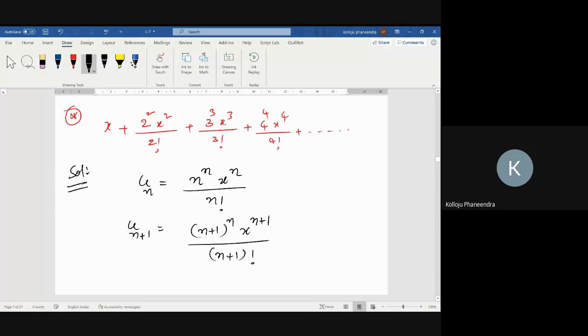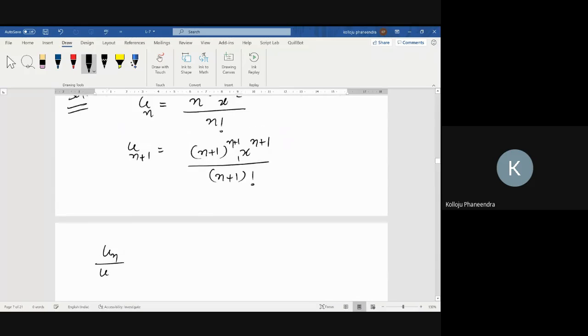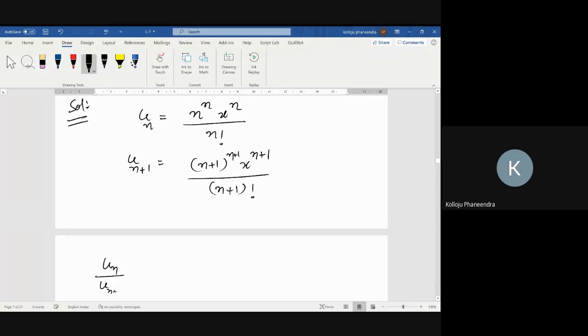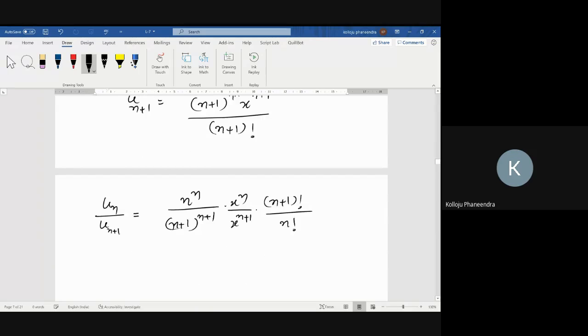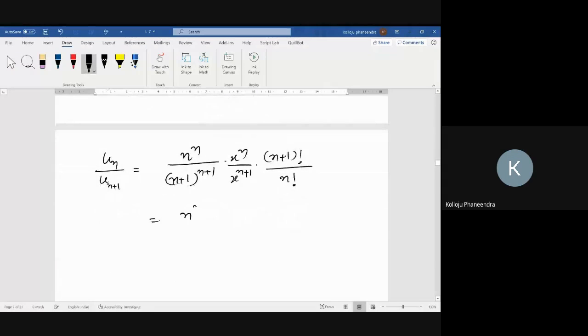Un by un plus 1 is equal to, writing similar terms together, n to the power of n by n plus 1 whole to the power of n plus 1, x to the power of n by x to the power of n plus 1, and this becomes n plus 1 in numerator by n factorial. Now in n to the power of n plus 1, take n common outside: 1 plus 1 by n whole power n plus 1, 1 over x.